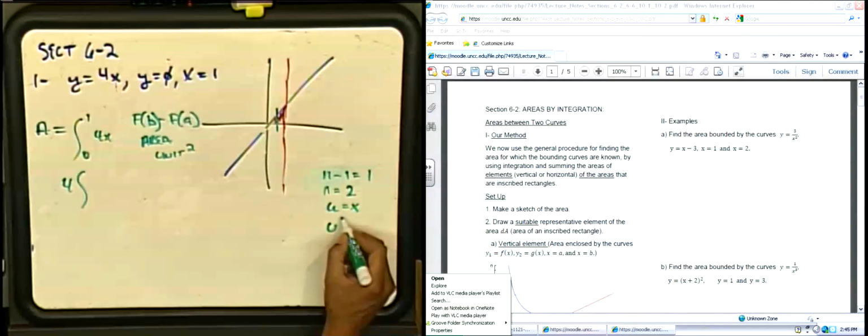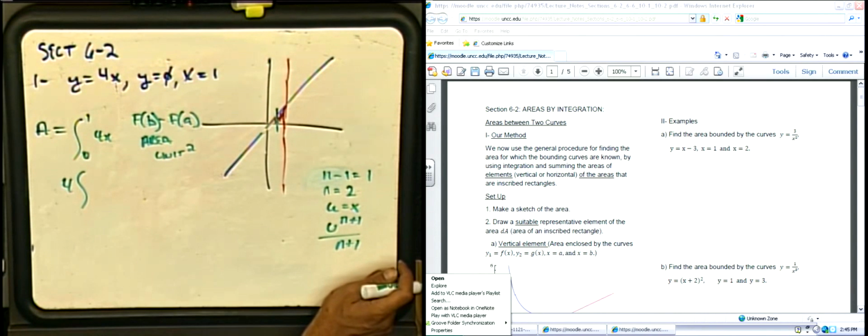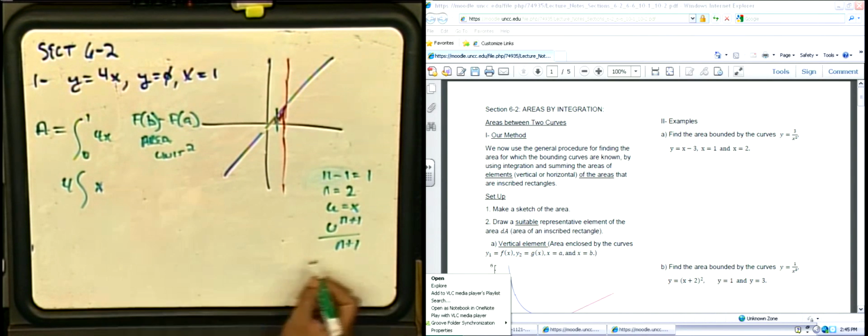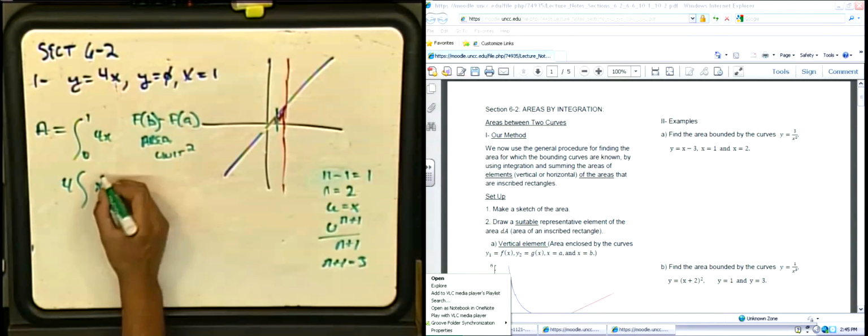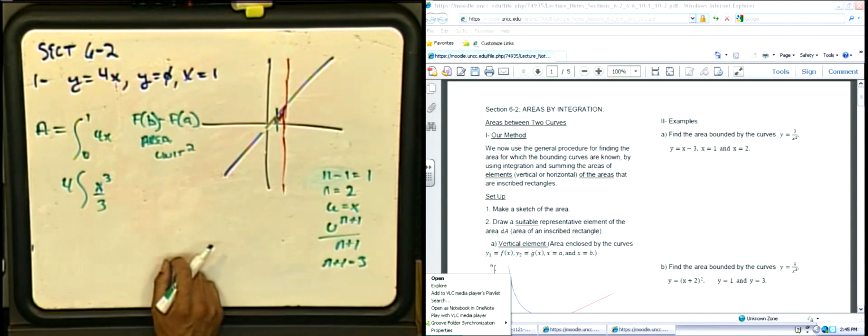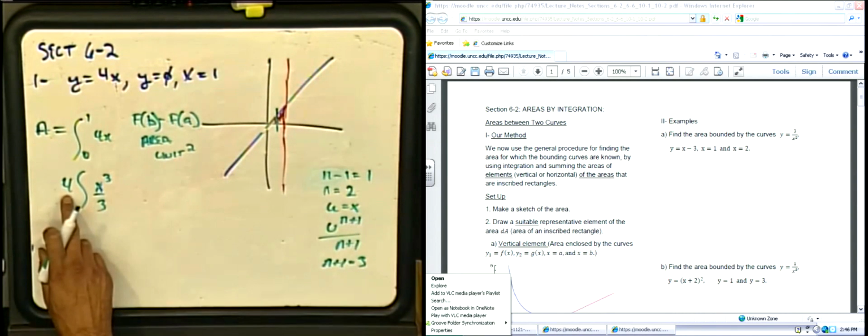So u to the n plus 1 over n plus 1 is the antiderivative. U is x to the n plus 1. N is 2, n plus 1 is 3. So x cubed over 3 is the antiderivative. You have a constant of 4 here.